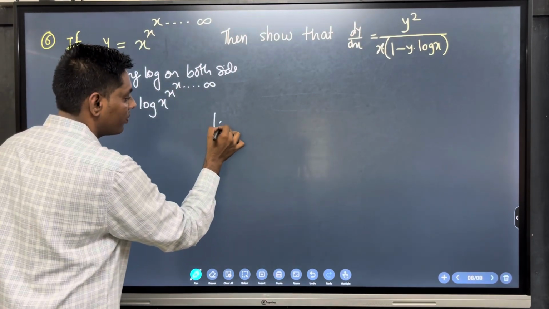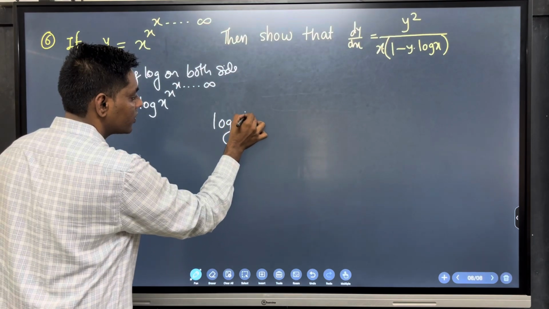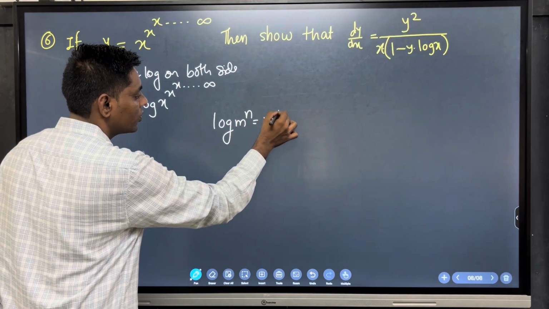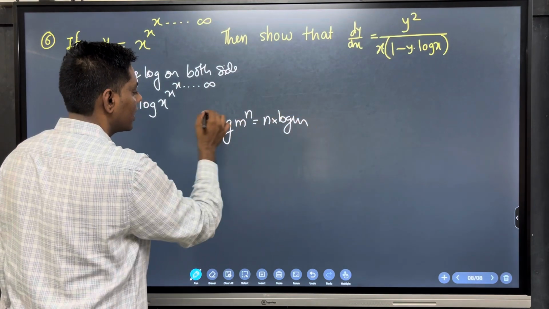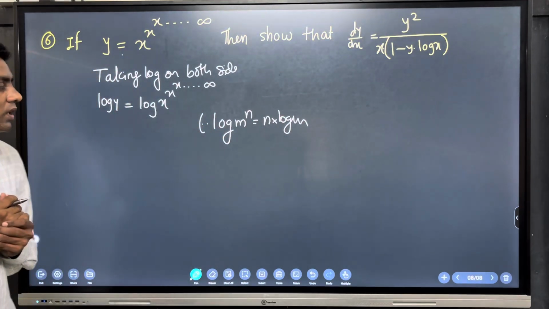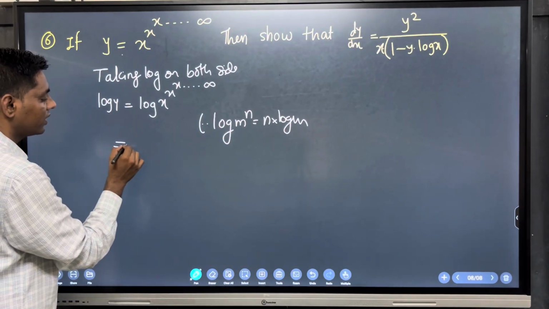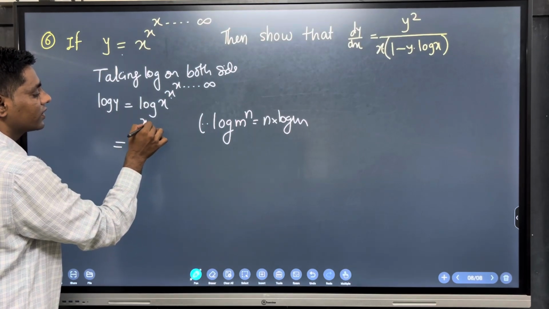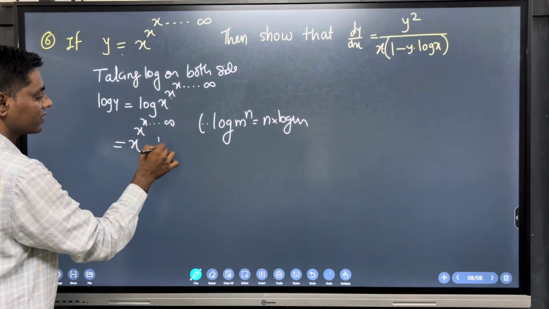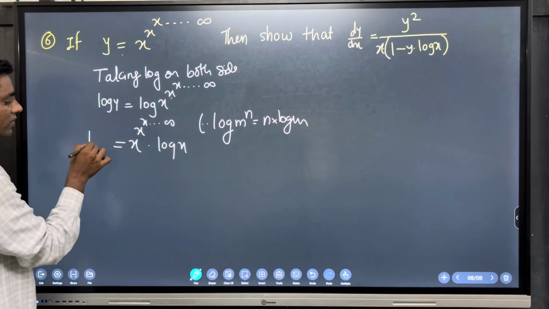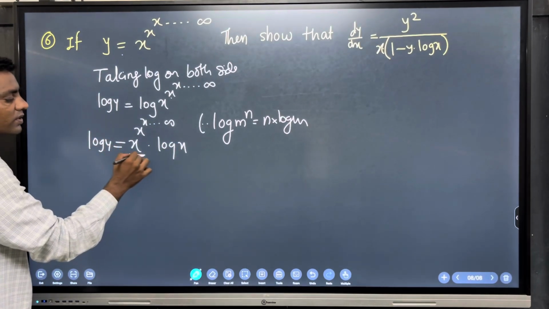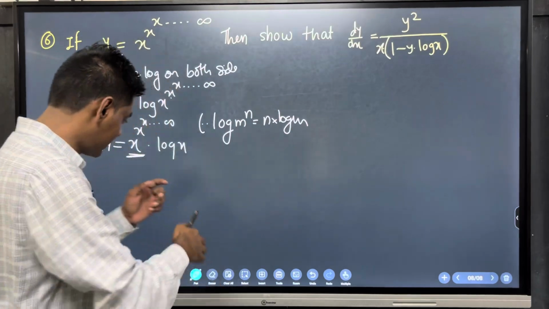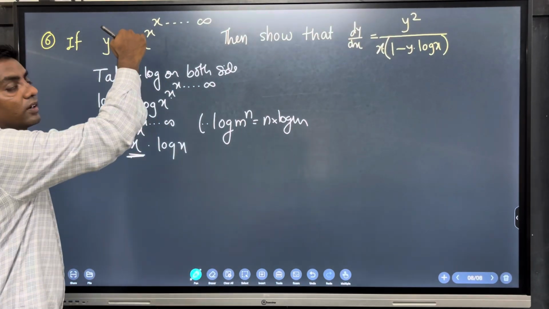By using the property of log, log of m raised to n equals n into log of m, we use the exponential property. Then the answer is x raised to x raised to x raised to up to infinity, times log of x, equal to log of y. Remember, this is the answer to the question itself, because it goes up to infinity.